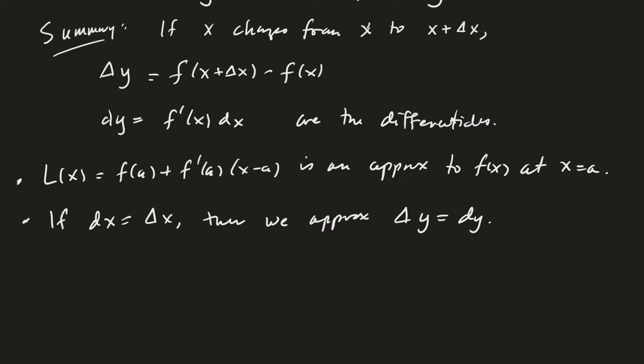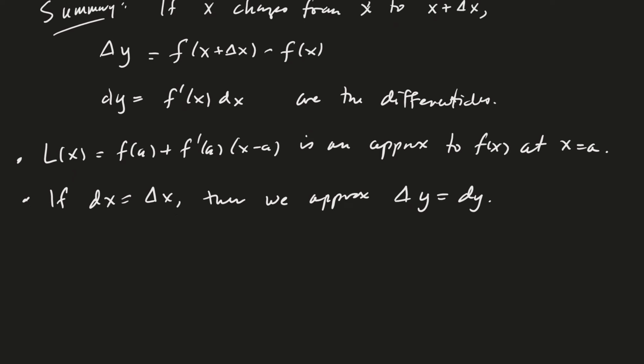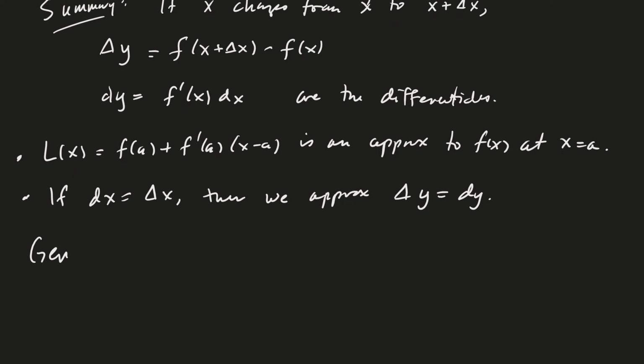Good. All right. And so one other thing I wanted to mention, just a general side remark, a general note. We were talking about delta means change. Delta means change in whatever variable you're working with. So we know that delta y is the actual change in a quantity.